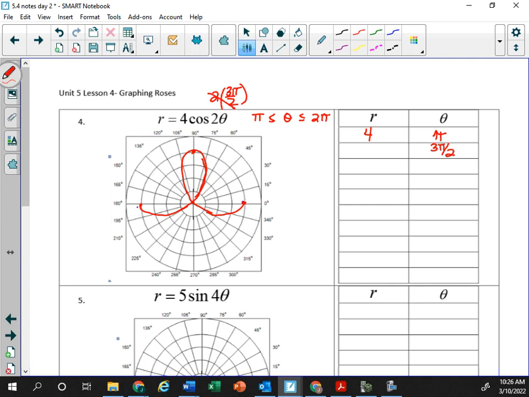Okay, so what is the cosine of 3 pi? -1, so the r would be -4. And then let's plug in 2 pi. If I plug 2 pi in, that's really saying the cosine of 4 pi. What's the cosine of 4 pi? 1 times 4 is 4. Okay, I'm going to erase my graph here and redo it again for you guys.